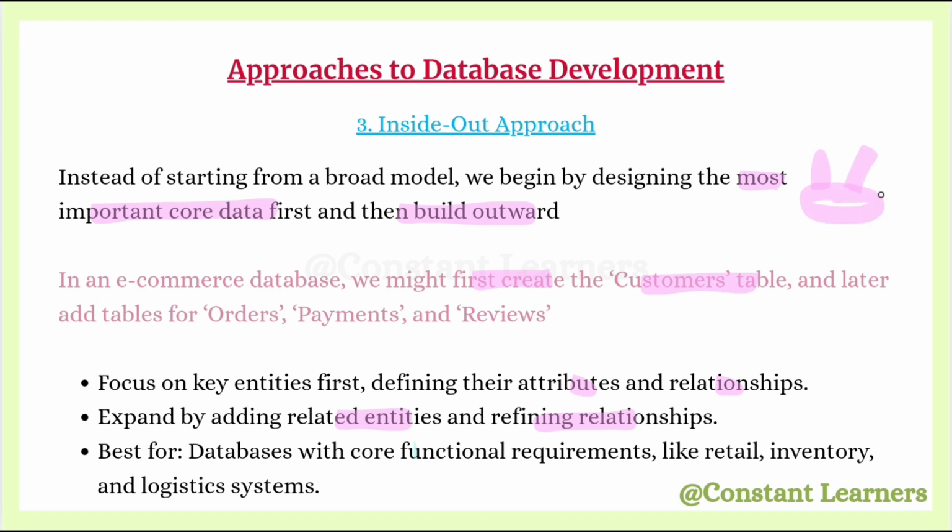We've also built the attributes and the relationships with all the other entities that are going to be connected to this core entity. But when we build the other related entities, we refine the relationships. Alright, this is best for databases with core functional requirements like retail, inventory, and logistics systems.